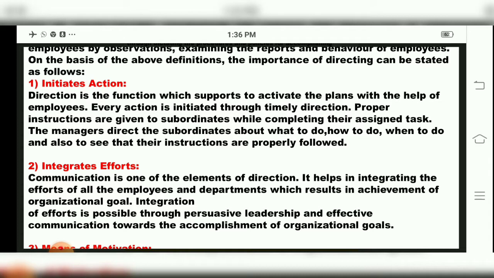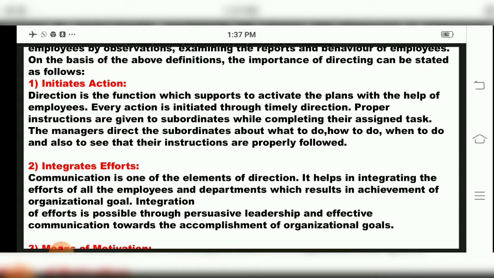Integrated effort is what over here? Communication. So communication is the most important element of direction. Now see, for example, as I told you first, the head has called the manager. So the manager has to direct the employees related to production. So the manager over here should be communicating with the employees as well as the boss.